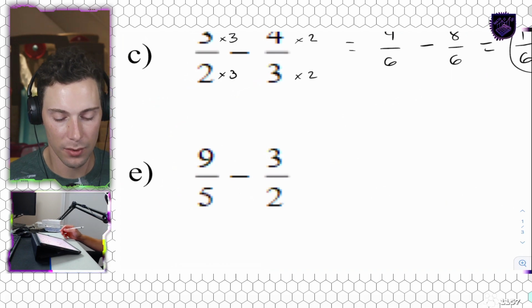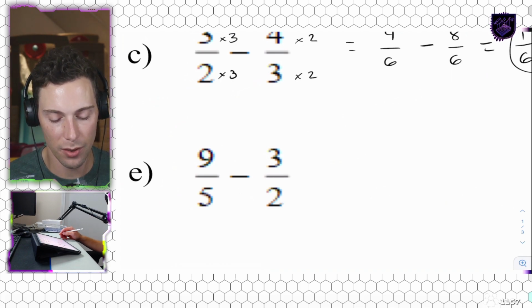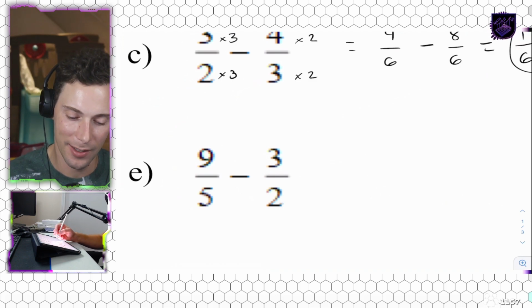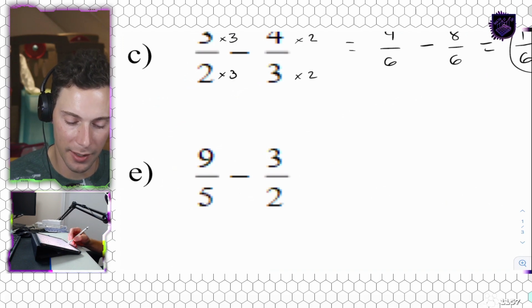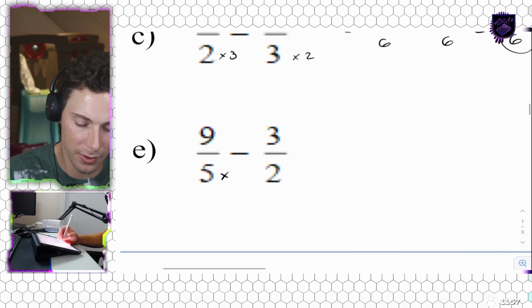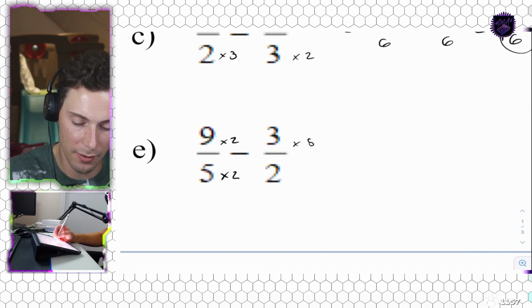9/5 and 3 halves. You have to cross multiply again. You will multiply this whole side by 2. Multiply this whole side by 5.